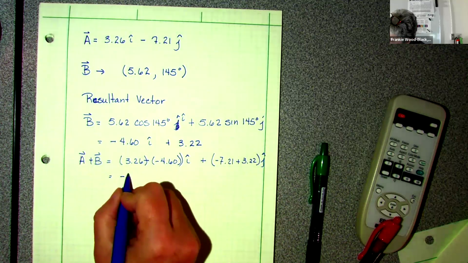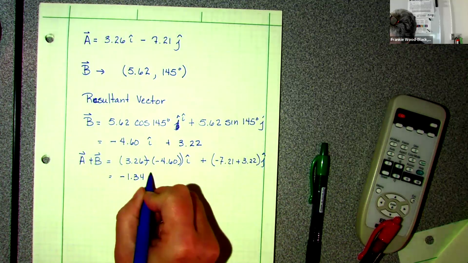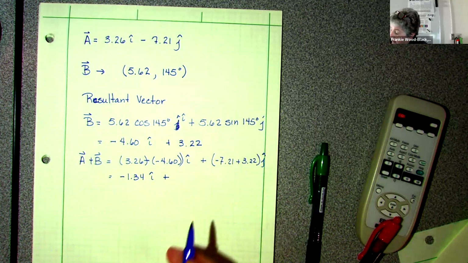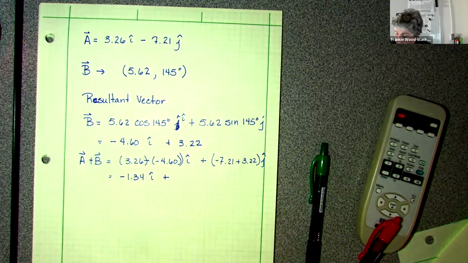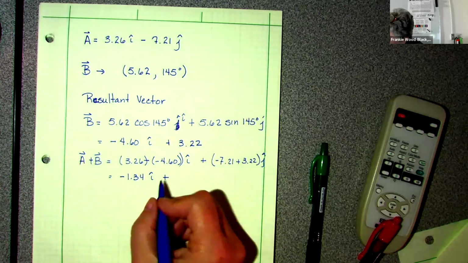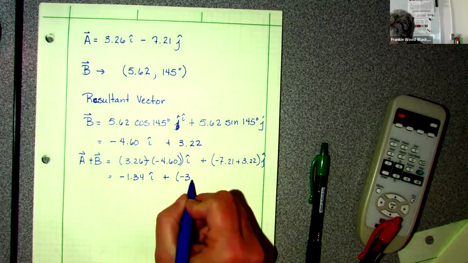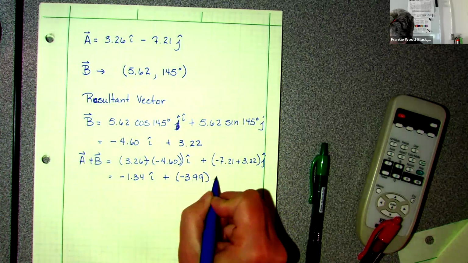This gives me a negative 1.34 in the i direction, and this is going to give me a negative 3.99 in the j direction.